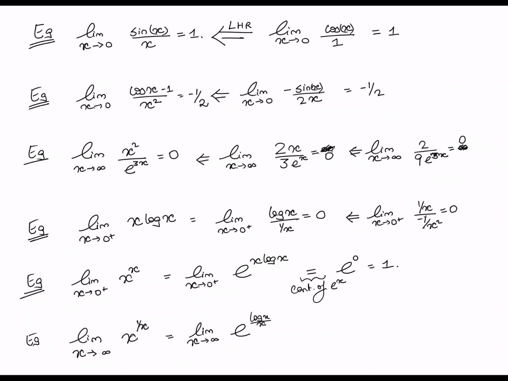If you look at log x by x, by an application of L'Hopital's rule it tends to 0. I leave that as a trivial exercise to you. So therefore you will get that this goes to e raised to 0, which is 1. Here you have used both L'Hopital's rule and the continuity of the exponential function.